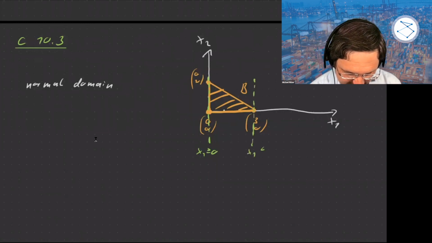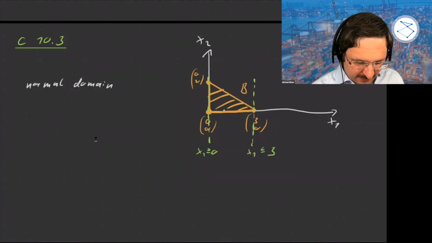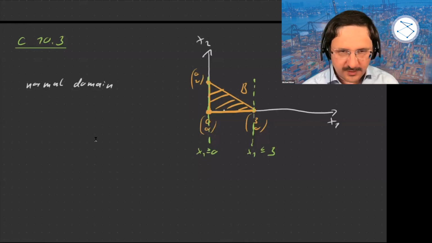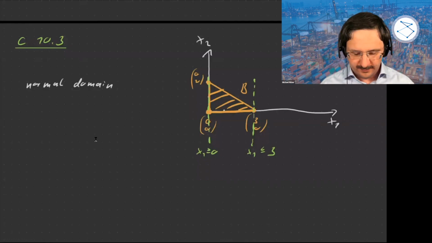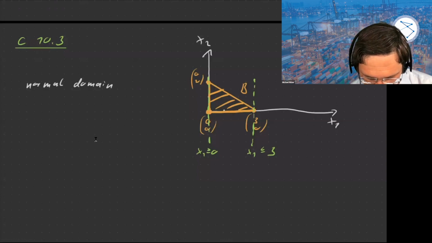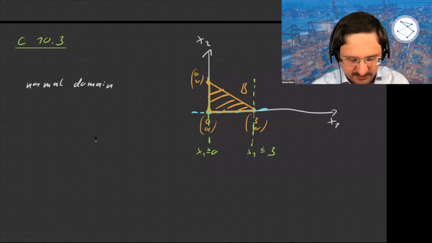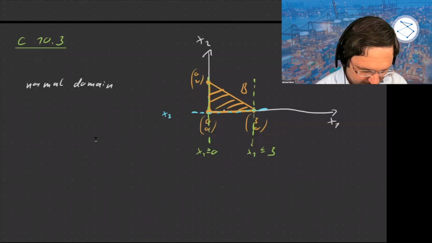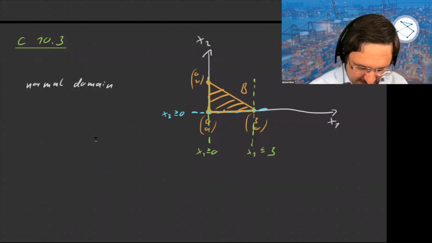So x1 is less or equal to 3. Now if we have that, we can then try to bound x2 in terms of x1. Now, the lower bound of x2, this one here, is simply constant. x2 is greater or equal to 0, even better. And then we have that upper bound.